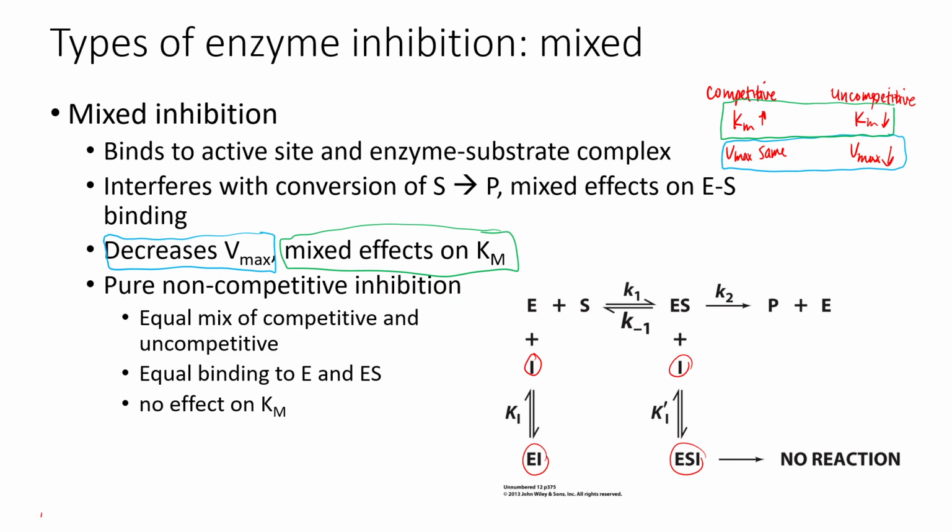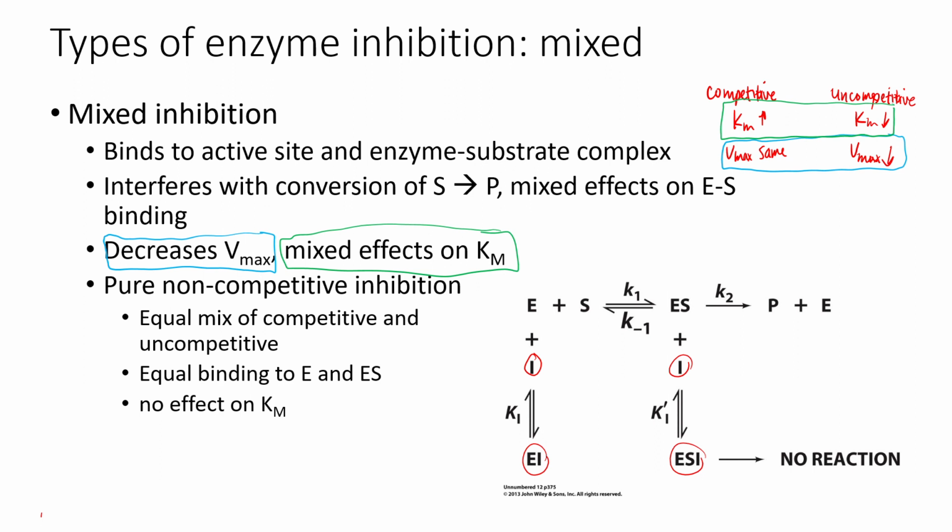And so that brings us to a specific type of mixed inhibition, which is called pure non-competitive inhibition. And as a reminder, non-competitive inhibition should not be confused with uncompetitive inhibition. These are two separate things. For non-competitive inhibition, that type of mixed inhibition, it's an exact equal mix of competitive and uncompetitive inhibition, in which the inhibitor is going to equally bind to the enzyme and to the enzyme substrate complex.